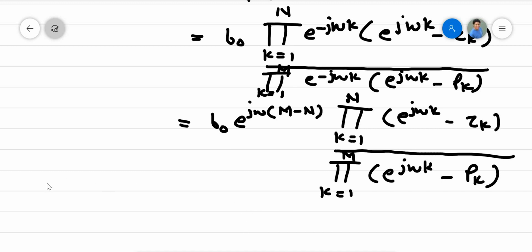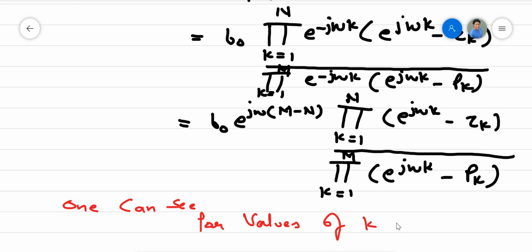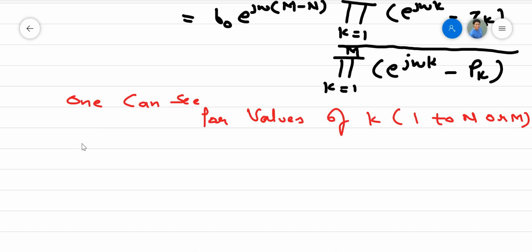Now one can see that for values of k varying from 1 to n or m, it will modify the frequency count.